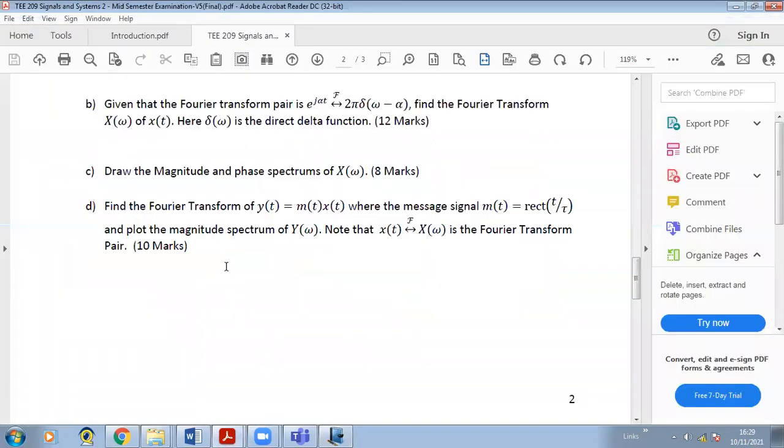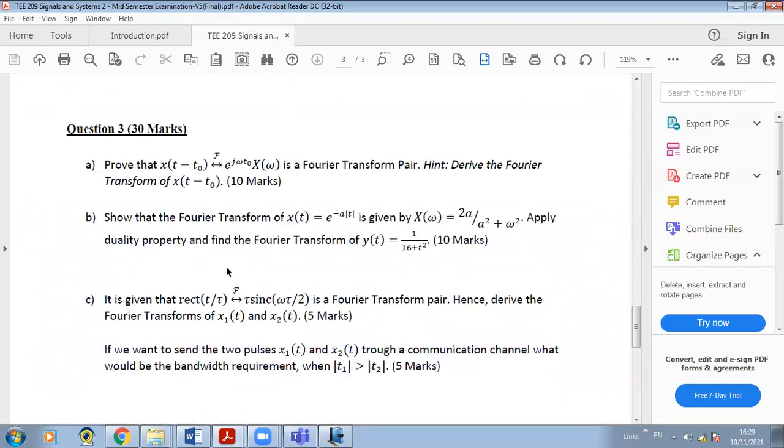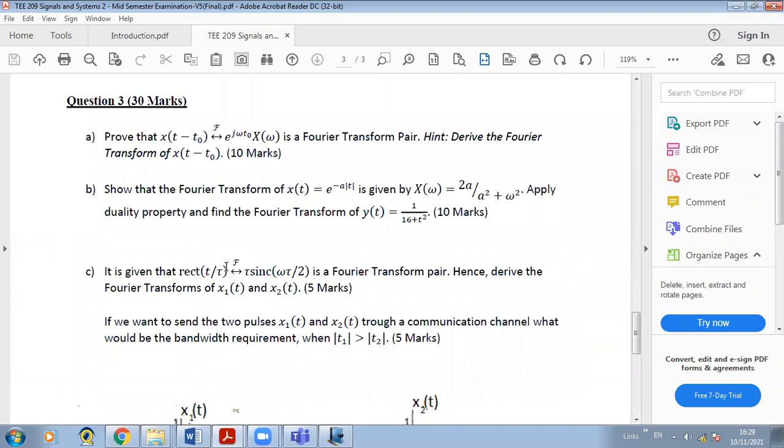I think we have done two questions. The third question, I'm not going to do because in the tutorial session, I have done all these things. This is the time shifting property. We have verified it. And this is the duality property. We have solved many questions using duality property, three or four questions, and I did a very similar question on the exam day itself, before the exam.